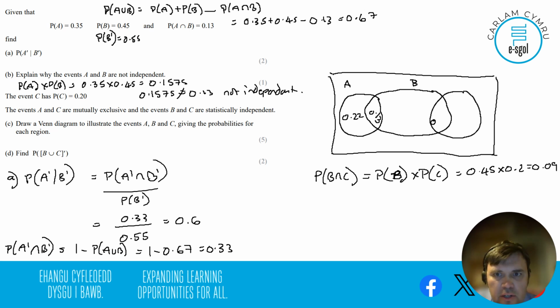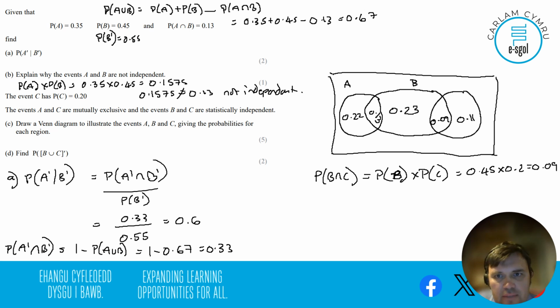So this is 0.09. This is going to be 0.2 take away that, so it's 0.11. And then I'm going to have to add 0.13 plus 0.09, which is 0.22, and then take that away from 0.45, leaving me with 0.23.